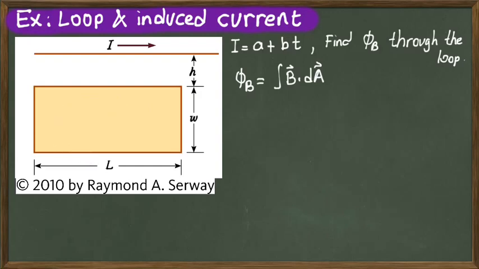So I will divide. This means that I have to divide this rectangular region into small rectangular pieces, okay? And each of these small pieces has an area of dA, okay? And I will do this in such a way that in each small piece, the magnetic field is the same all over the small piece.